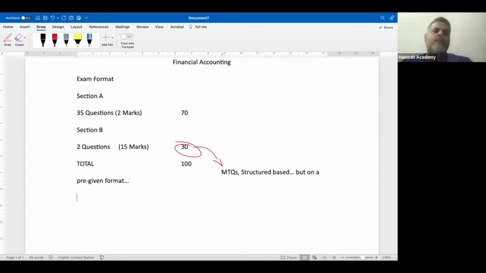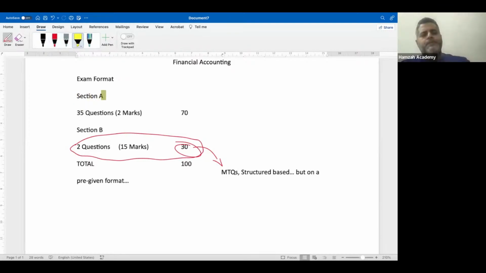We are going to practice such questions as well, once we are done with the comprehensive coverage of the syllabus. Then we are going to go with section B.